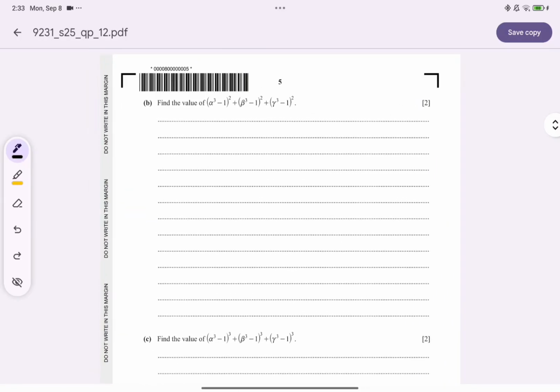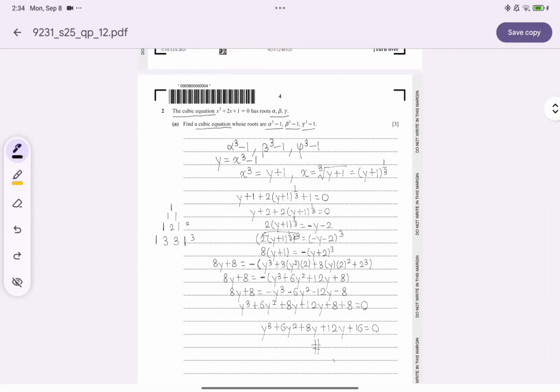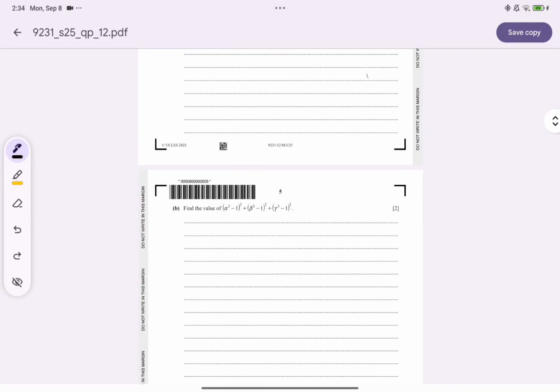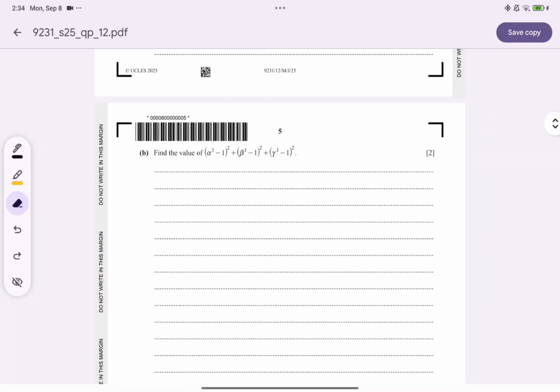Okay, so here we're going to have to find the value of alpha cubed minus 1 squared plus beta cubed minus 1 squared plus gamma cubed minus 1 squared. If you realize, these are just our roots from the previous equation we derived, and this is basically the sum of their squares, which we can denote as sigma alpha squared.